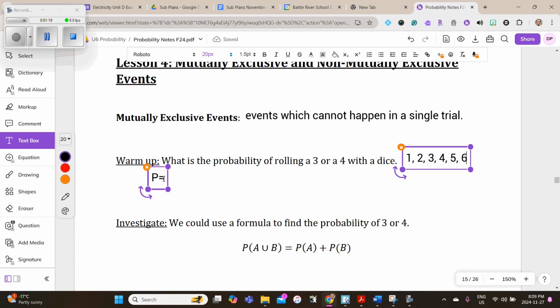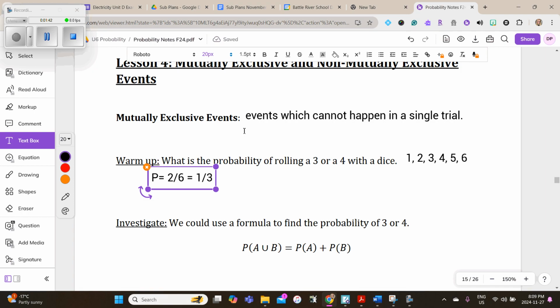So our favorable outcomes is going to be 2 of them, right? A 3 or a 4. So 2 are favorable out of a total of 6 options. So probability equals 2 out of 6. Remember that we like to have our probability in simplest form, so the probability would be 1 over 3.